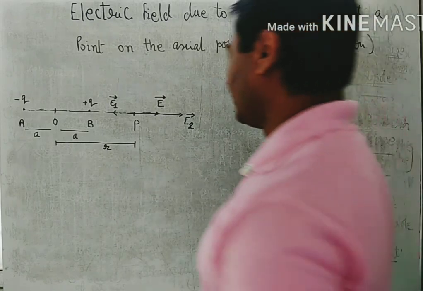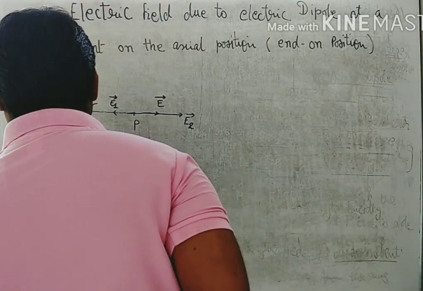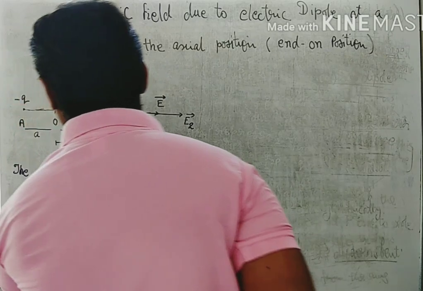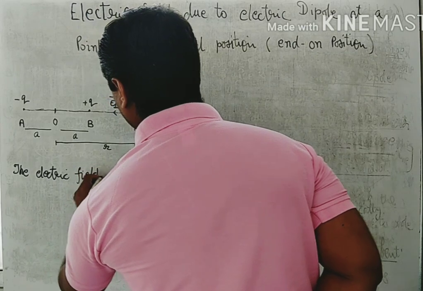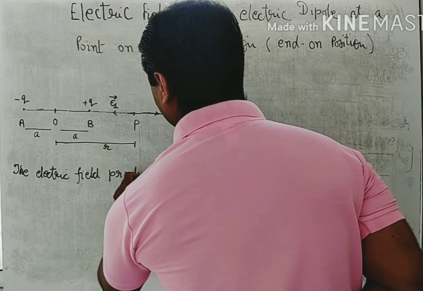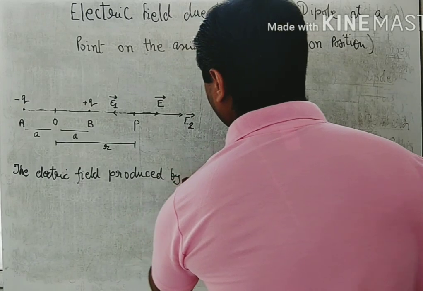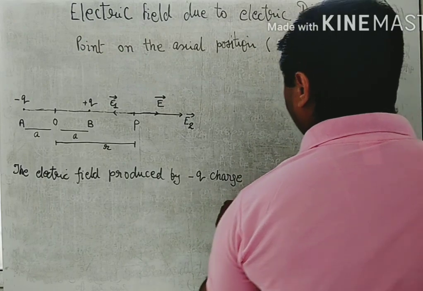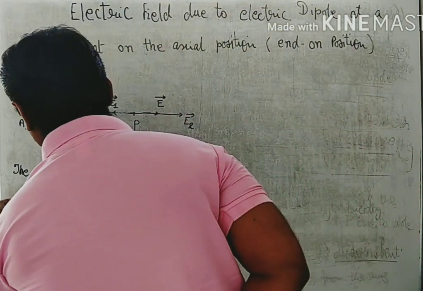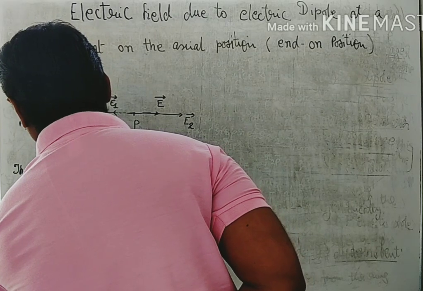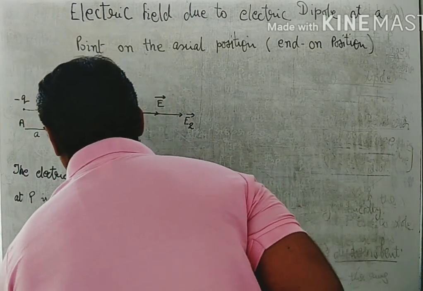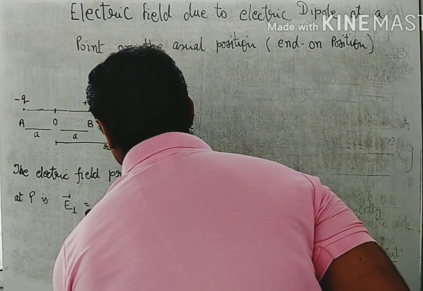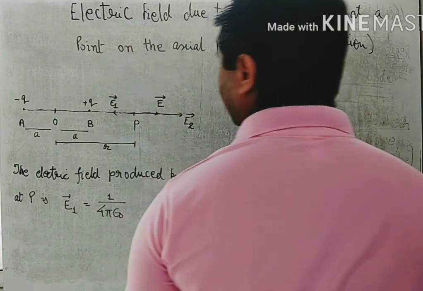So let's begin with, now we say the electric field produced by minus Q charge at P is vector E1, which is equals to 1 upon 4 pi epsilon naught.